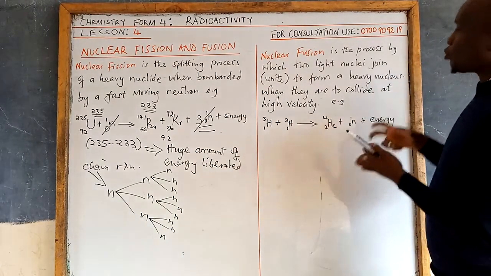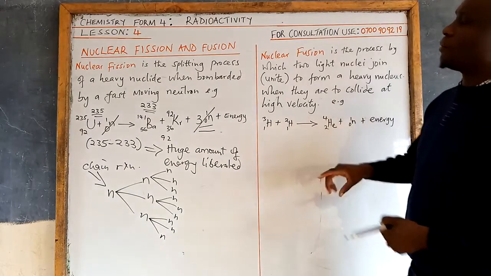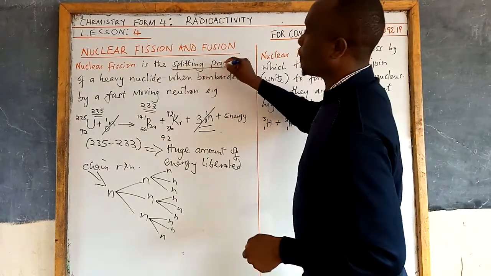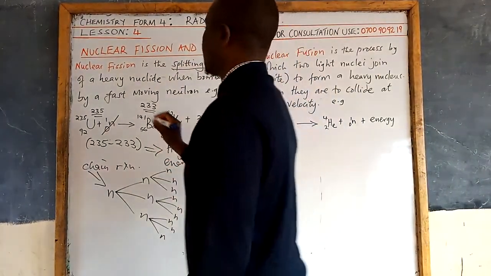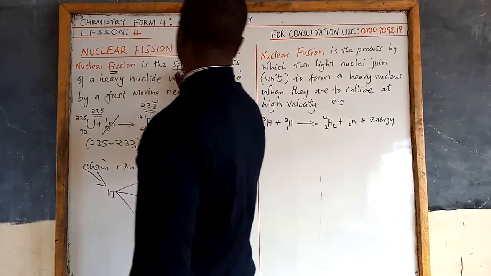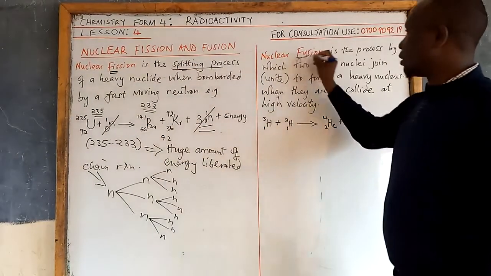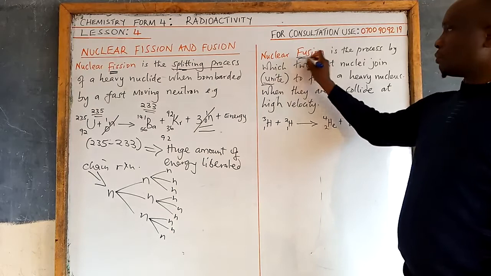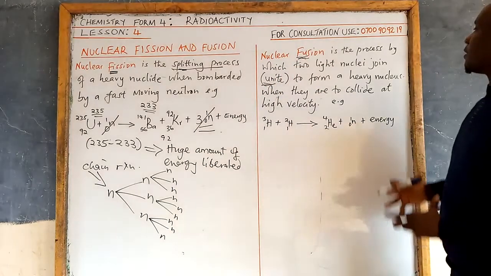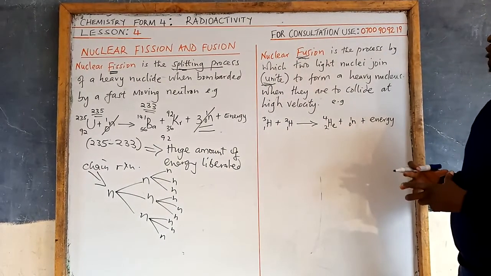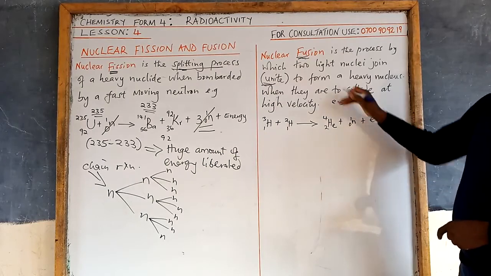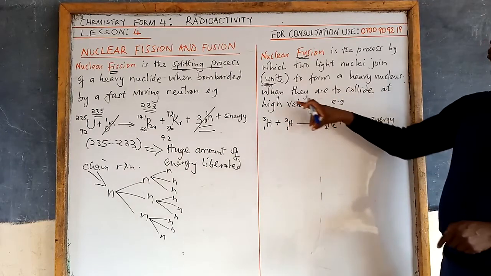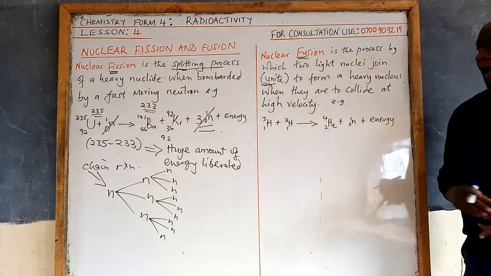So the two join, so here you have them joining, while in fission you have a splitting process. Fission is for splitting, fusion is for uniting, so U for uniting. They unite, they join, to form a heavy nucleus when they collide at a high velocity.